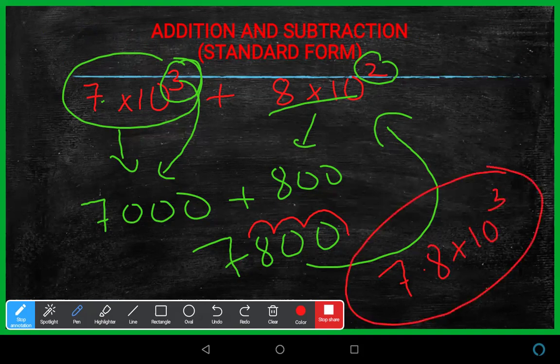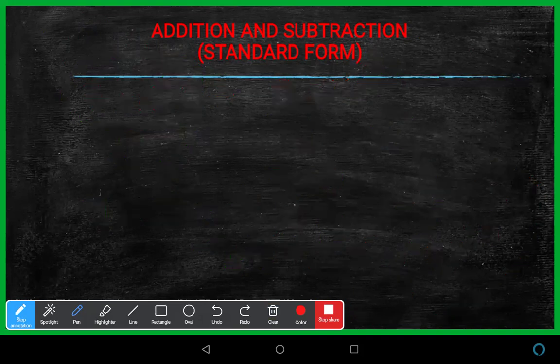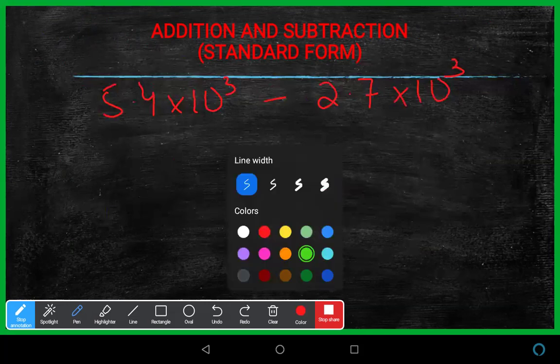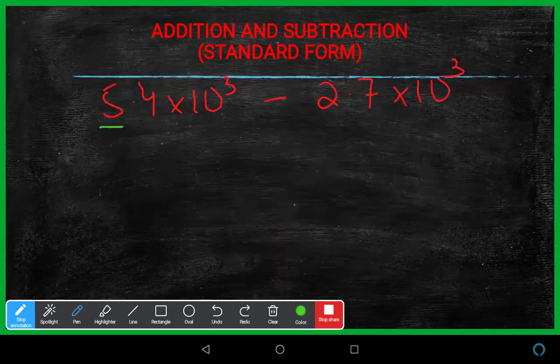The same rule will be applied for subtraction as well. If I write subtraction here, the rule will be the same. I will take one more example. For example, I have 5.4 multiplied by 10 raised to the power 3 minus 2.7 multiplied by 10 raised to the power 3. Okay. So first I will convert the numbers into ordinary form. It will become 5,4 because after the decimal point there is a digit, so we have to minus.